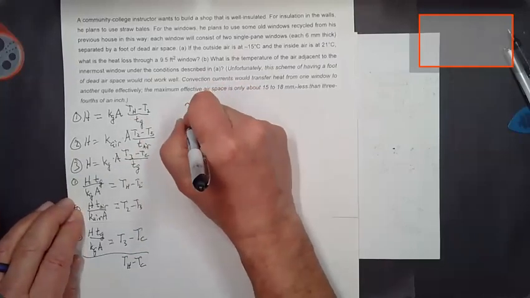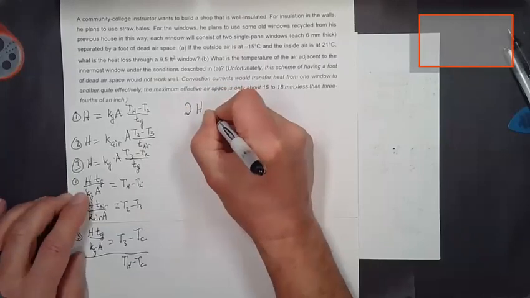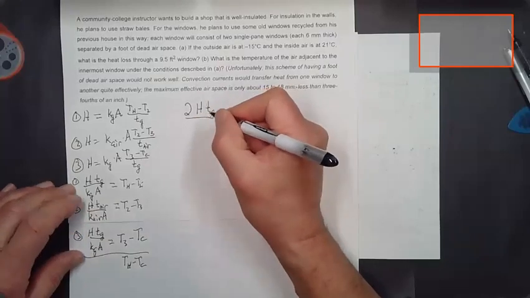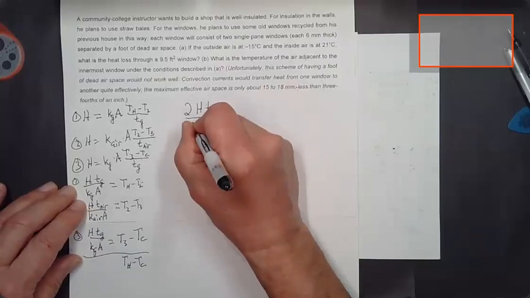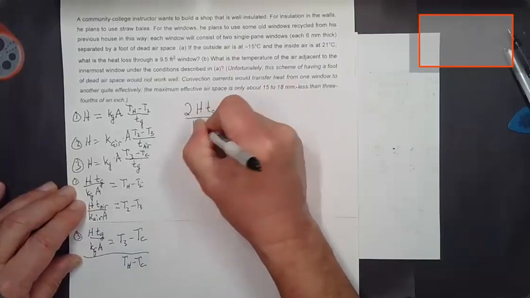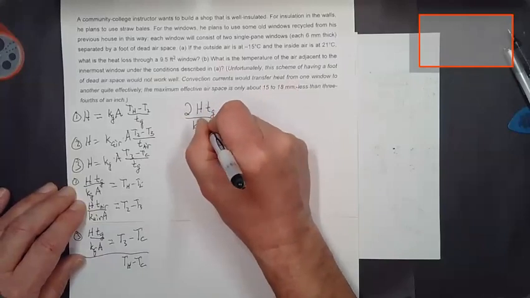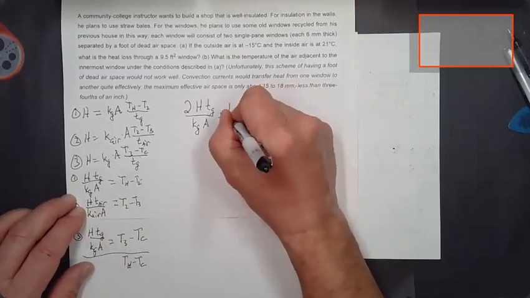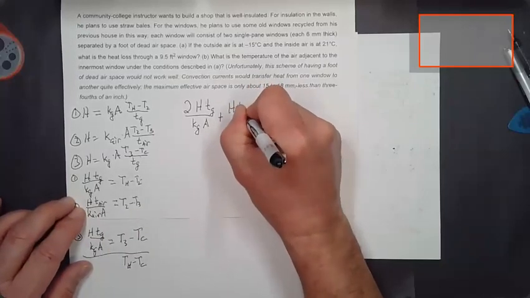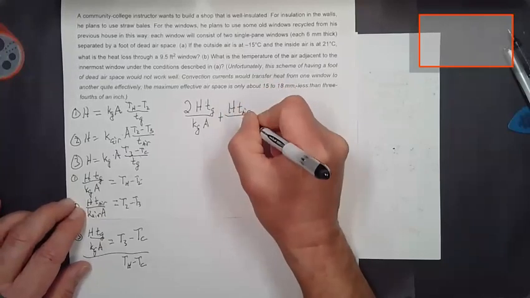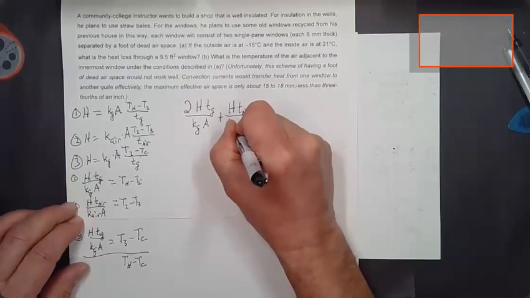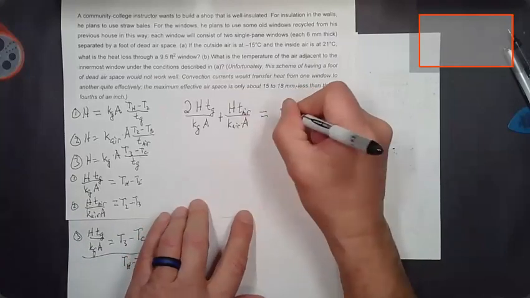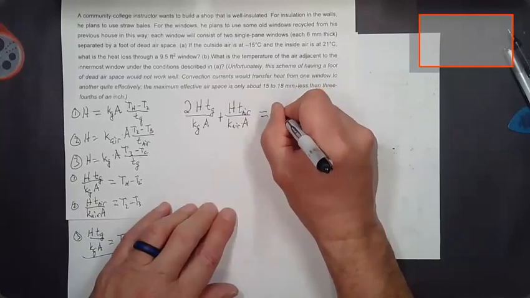So I'll have 2 times H times the thickness of the glass divided by K sub G times A, the thermal conductivity of the glass times the area, plus I'll have this one for the air: H times the thickness of the air gap divided by K sub air times A. And then that'll just equal TH minus TC.